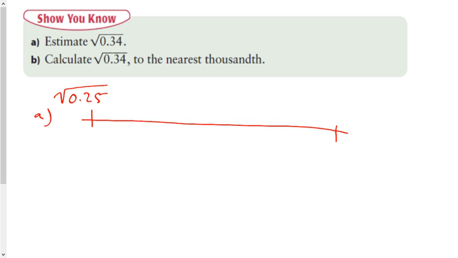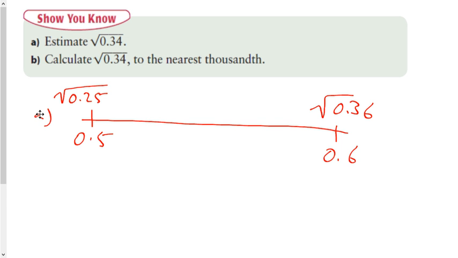Does anyone know? Probably decimal 5 is correct. So the answer is 0.5. And what is the square root of 0.36, do you think? That's right, 0.6. So that number 0.34 has to fit between there.